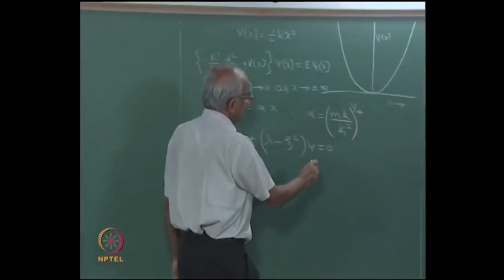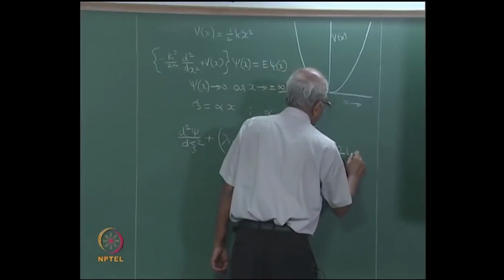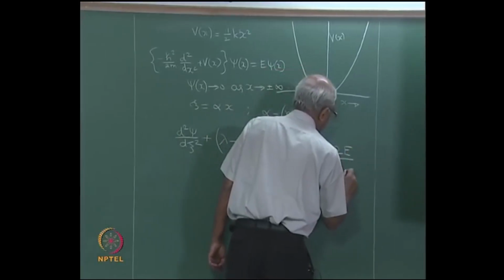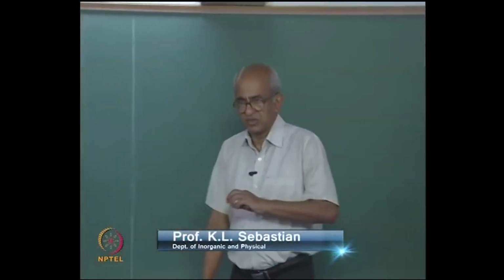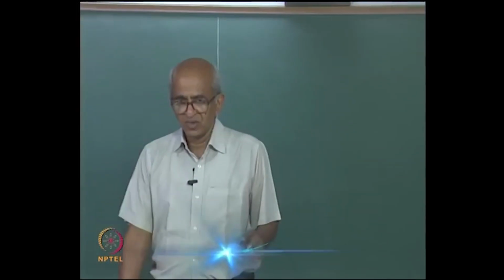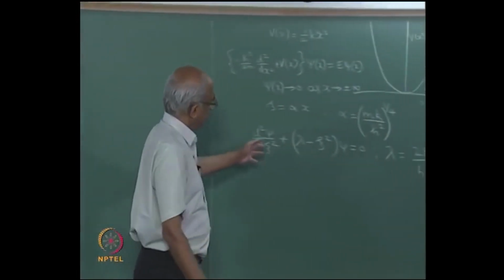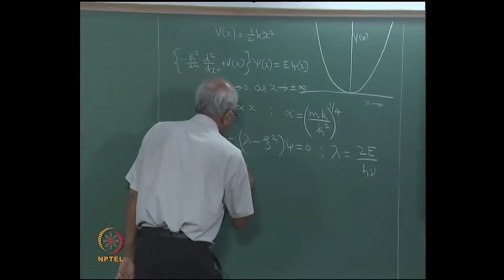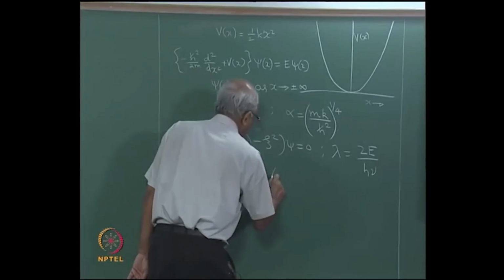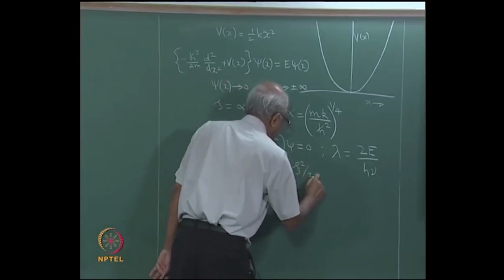where lambda was defined to be 2E divided by h nu, where nu is the classical frequency of vibration of the harmonic oscillator, right. And then we argued that this equation has asymptotic solutions which are of the form psi is equal to some constant into e to the power of minus c square by 2.